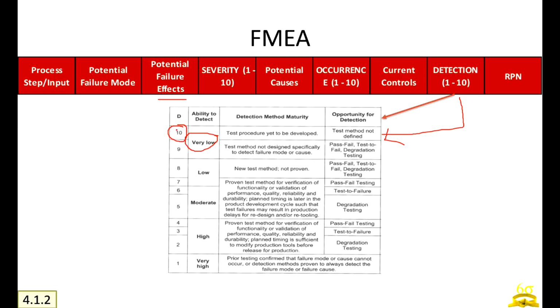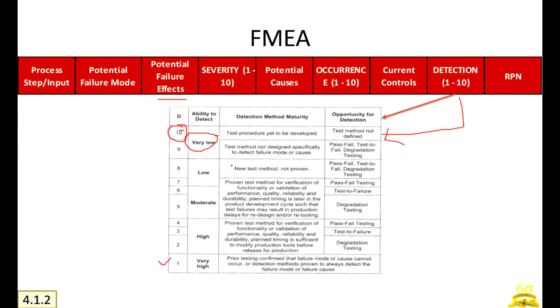It is not that if the ability is very low, we assign a lower number. It is slightly confusing, but that's how it is, since we are assigning a higher number to the detection potential.